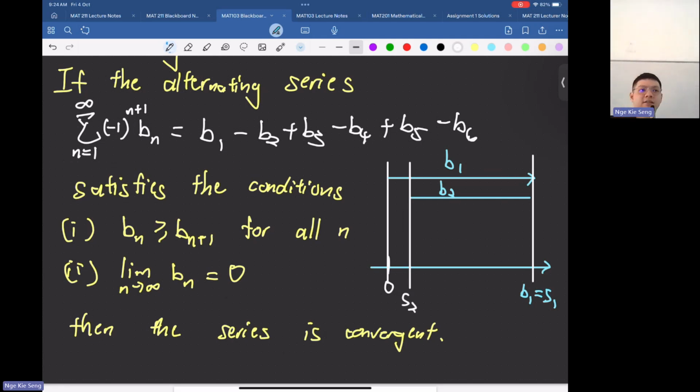How about S3? B1 minus B2 plus B3. Can I go super far with B3 or not? Cannot. Not too far again.